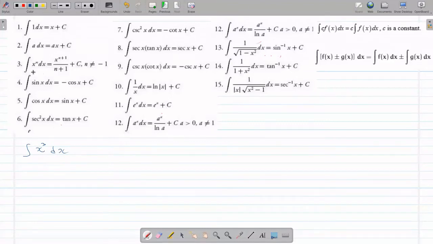So it's the power rule here. x^n is x^3, so my n is 3. n plus 1, 3 plus 1 is 4, and divide by 4, divide by n plus 1. You observe that this is the reverse of differentiation. If I differentiate this, I bring down the 4, x cubed, and the denominator 4 cancels out and it gives me x cubed. Also I have to put the plus c.